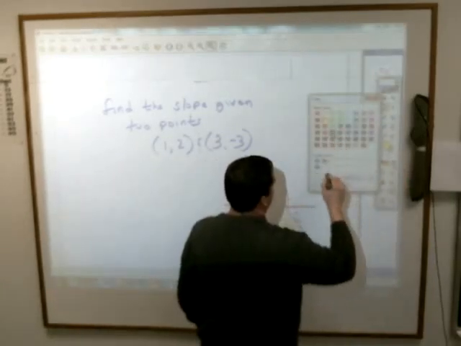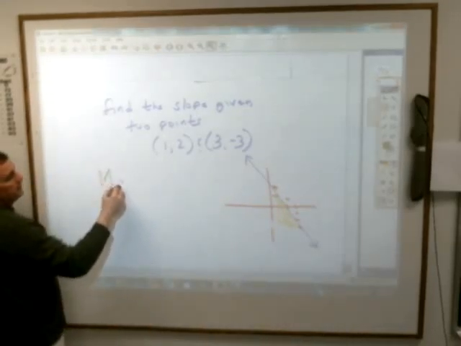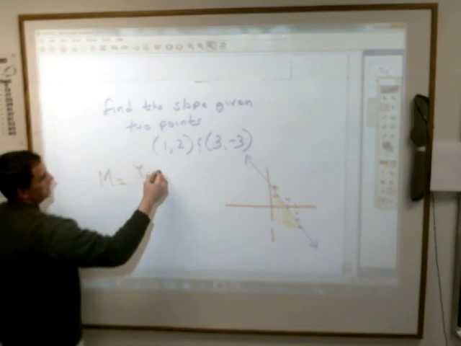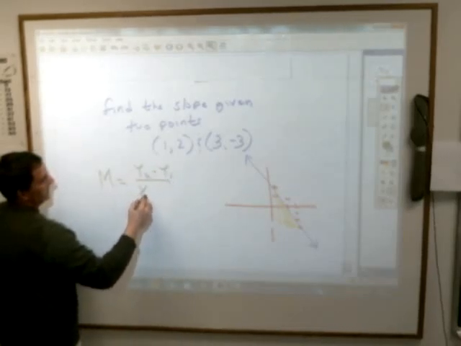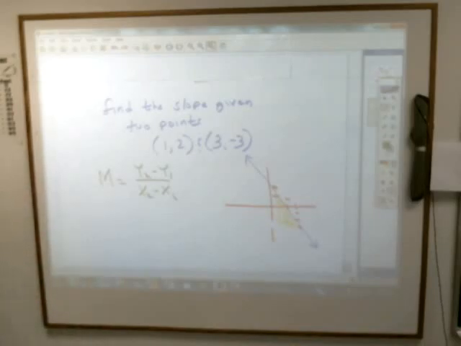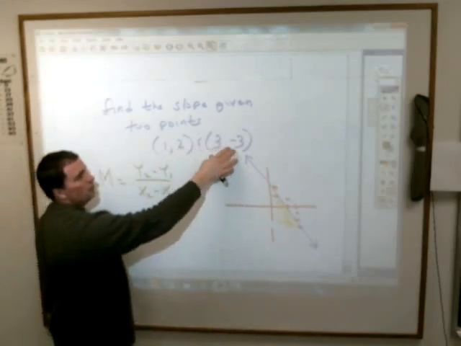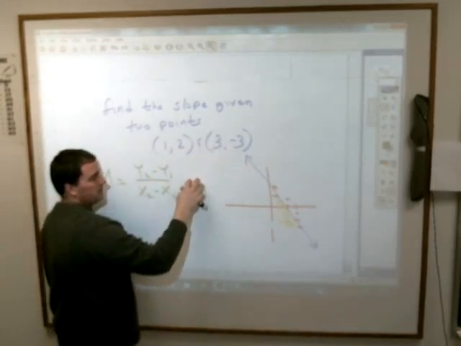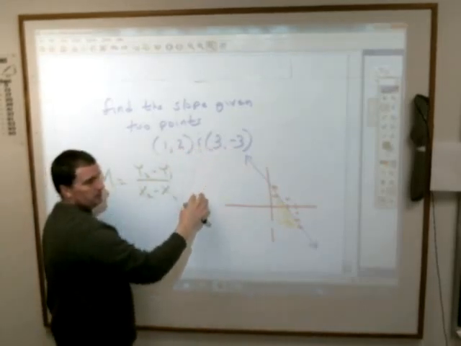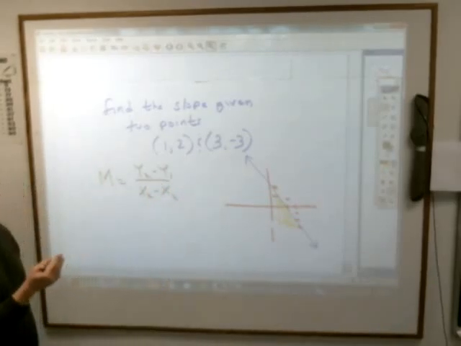You can use this slope formula that we just talked about, where the slope equals y sub 2 minus y sub 1 over x sub 2 minus x sub 1. Which means you're just going to subtract the 2 y values, get an answer, and subtract the 2 x values, get an answer, and that will be your slope in fraction form.